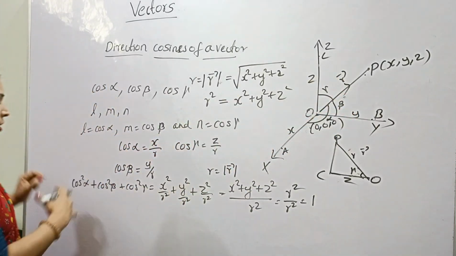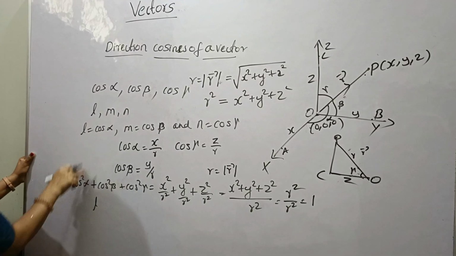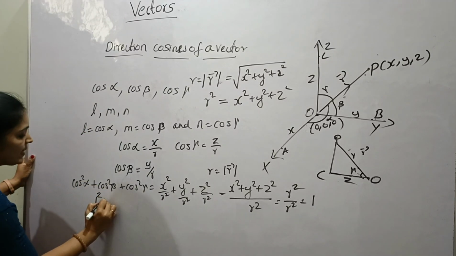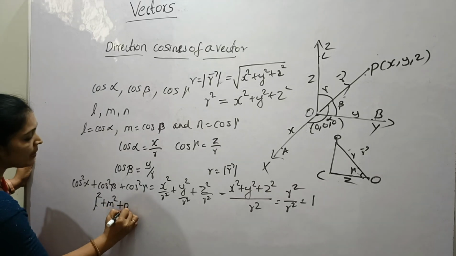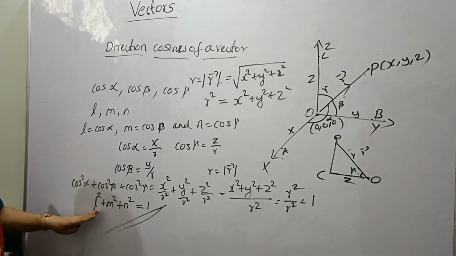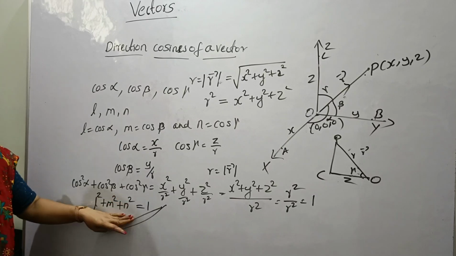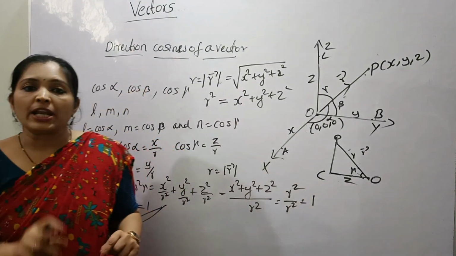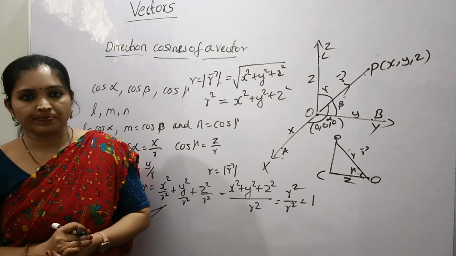Or we can write, cos alpha is nothing but l, it is denoted as l. So l square plus m square plus n square is equal to 1. Very important result. Here l, m, n are the direction cosines of a vector.